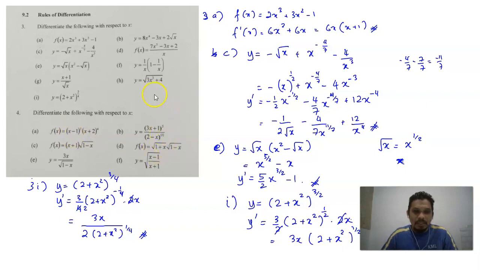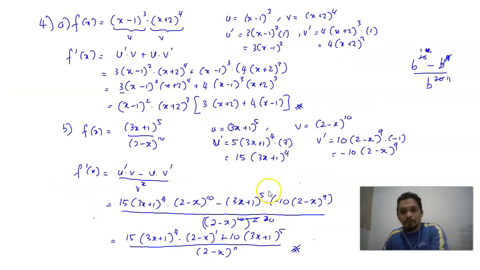Just imagine that y equal to (1 plus x) to the power of half multiplied with (1 minus x) to the power of half. So this is our u and this is our v for question D. And for this one here, it is (x minus 1) to the power of half divided by (x plus 1) to the power of half. So for question F, please refer to question 4b here. Yeah, it's still the same thing.